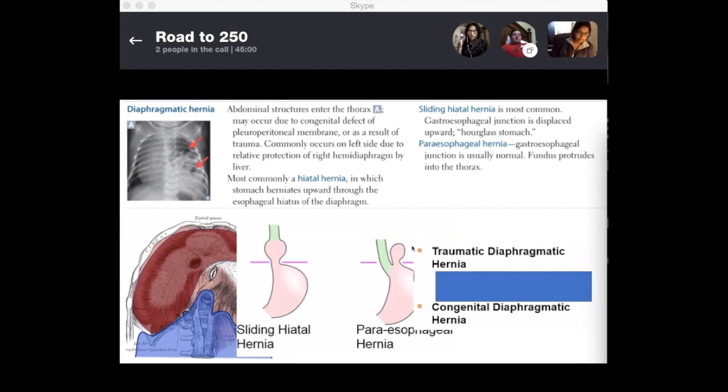What risks do these guys have? GERD. Well, with trauma, what we're concerned about is there can be a risk of strangulation, and these guys can also cause respiratory distress. So that's something we want to look out for.